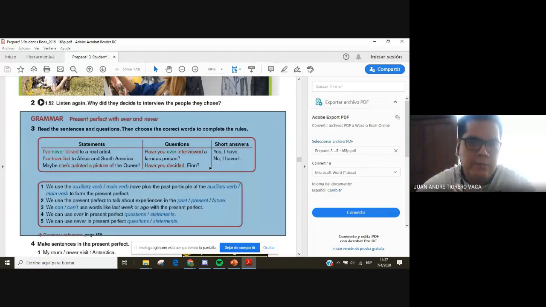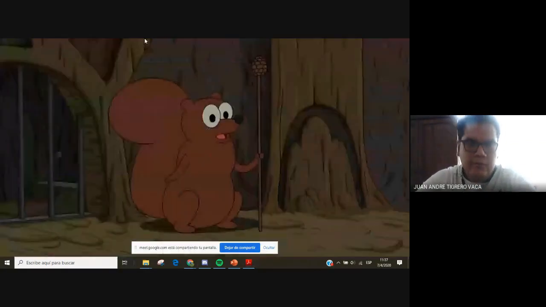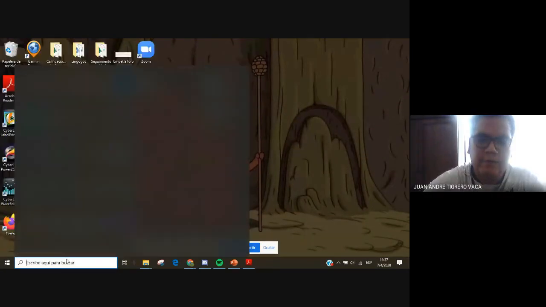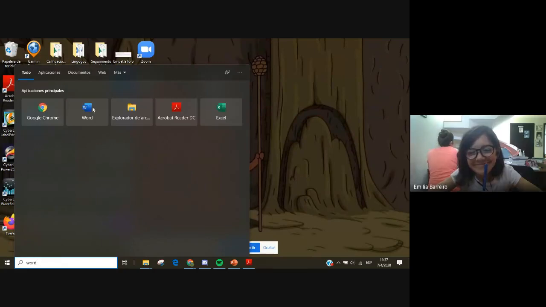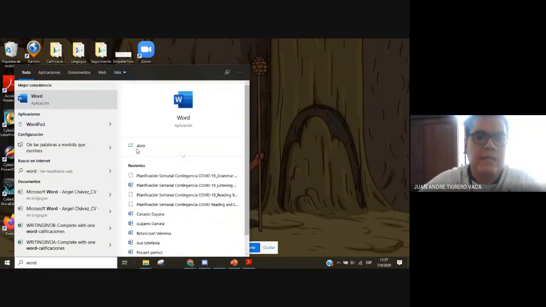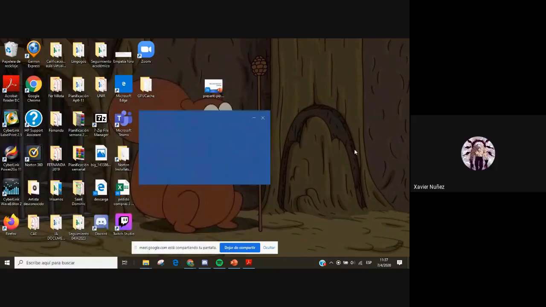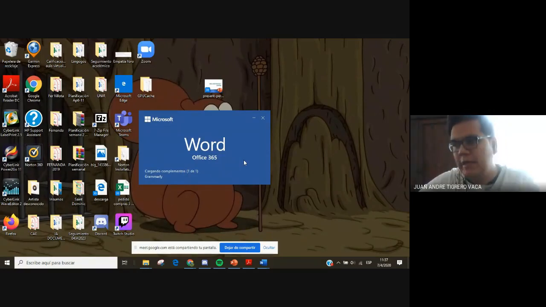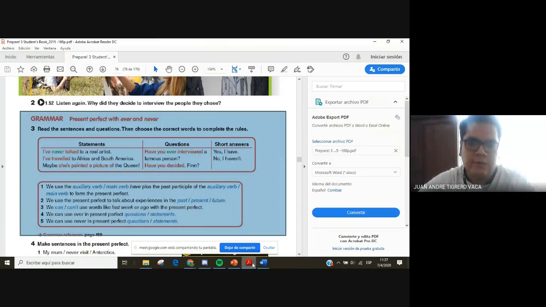For example, I can say, I have traveled to Australia, like I was saying in the example. That means that at one point in the past, I was in Australia, and I don't know, maybe in the future, I will go there again. So the structure of the present perfect is as follows.